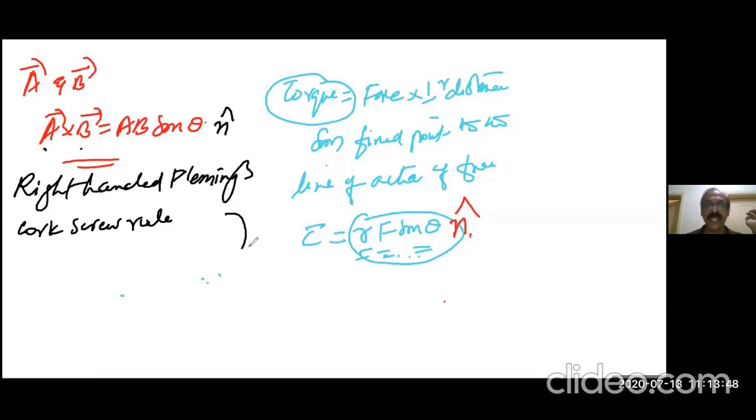And you write this also in brackets, because this you have to remember. This is actually another version of the right-hand Fleming rule.